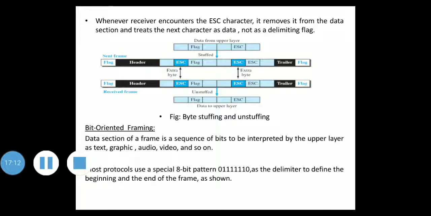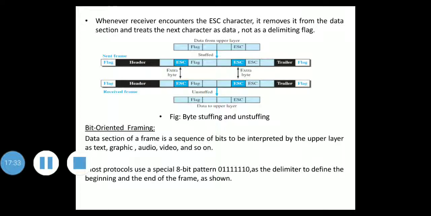In bit stuffing, if a 0 and 5 consecutive 1 bits are encountered, then an extra 0 is added. This extra stuffed bit is eventually removed from the data by the receiver.